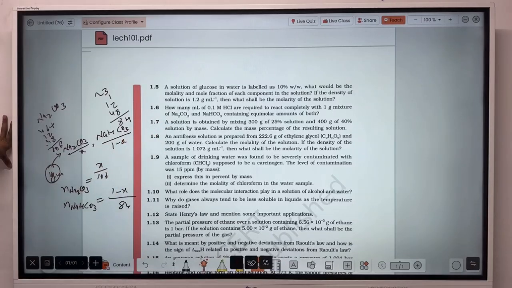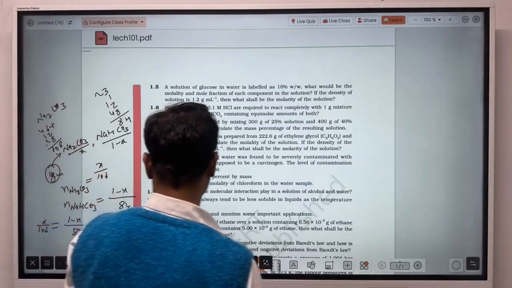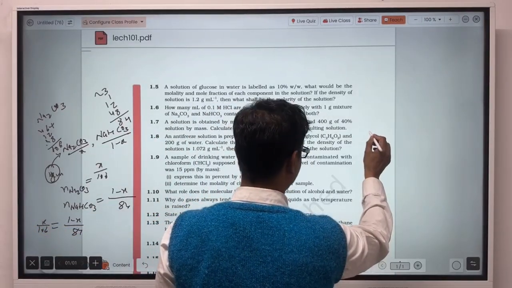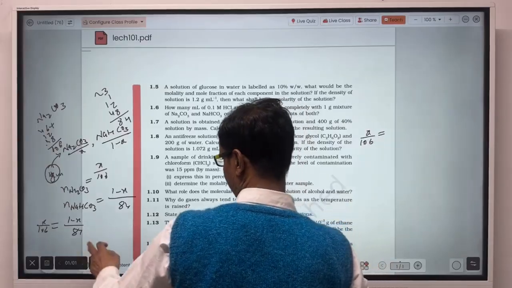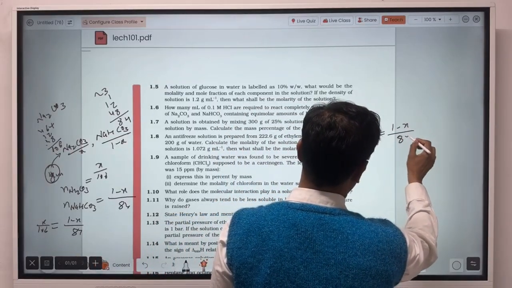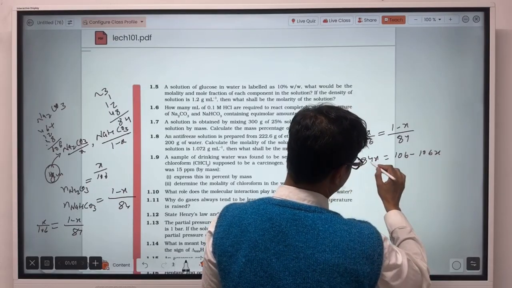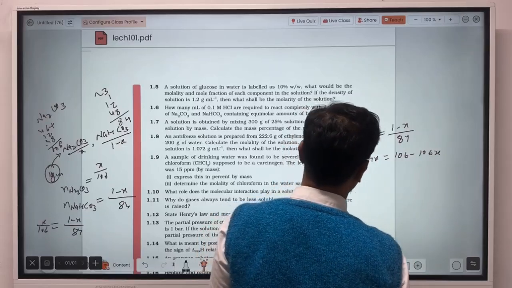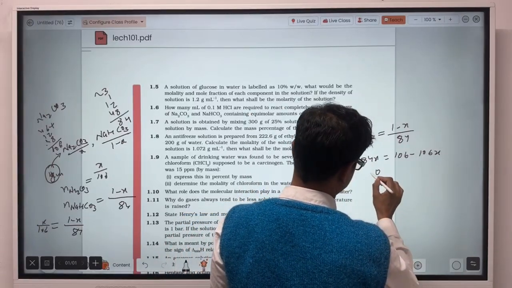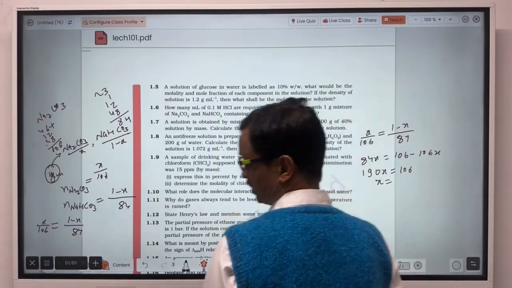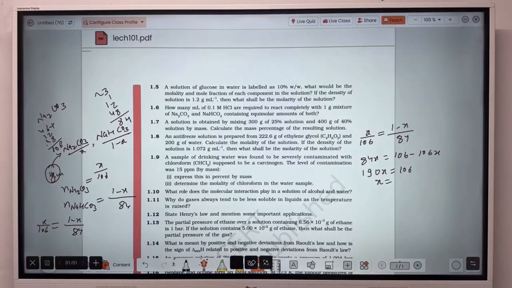And it is equimolar. So X upon 106 will be equal to 1 minus X upon 84. So 84X equals 106 minus 106X. So it comes to this side, X equals 106 divided by 190.